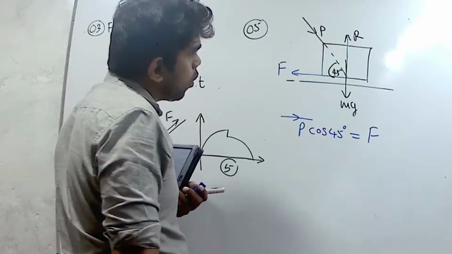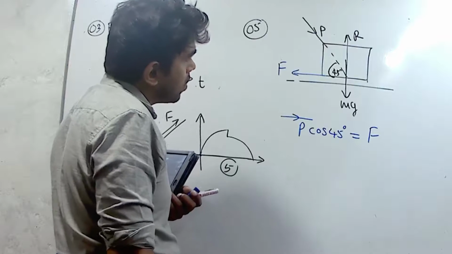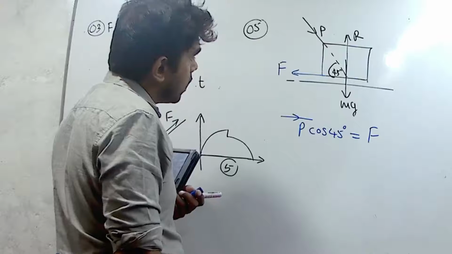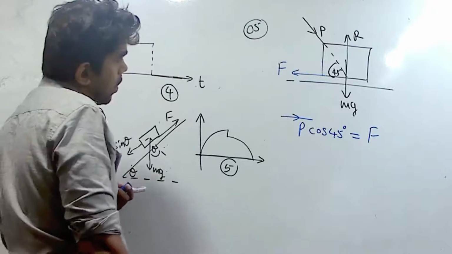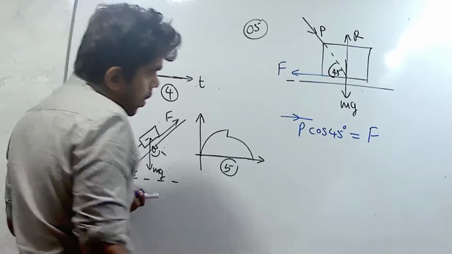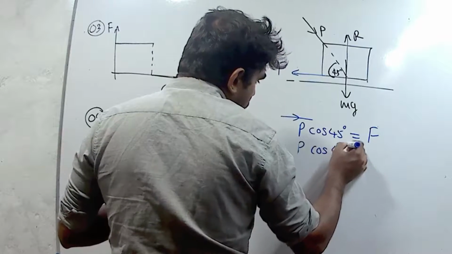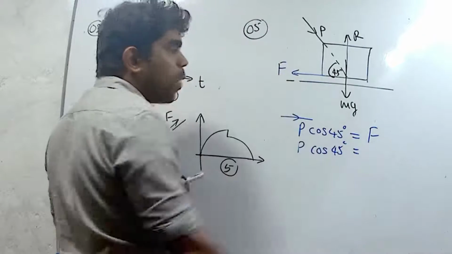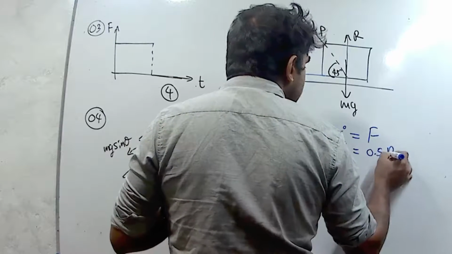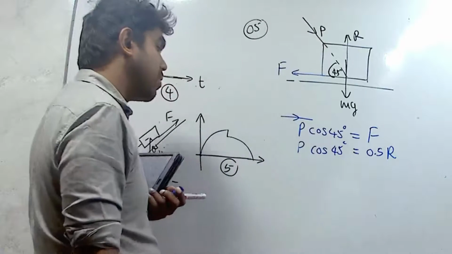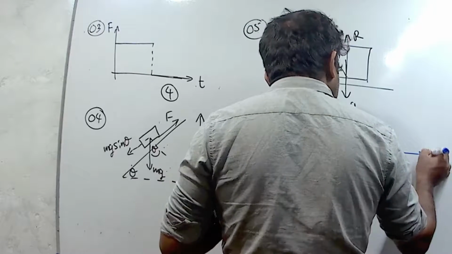We have to find the normal force on the object. It means the reaction on the object. Then we can substitute P cos 45 equals F, which is mu R. Mu is 0.5, reaction R. We have to find R. I will consider it as the first equation.